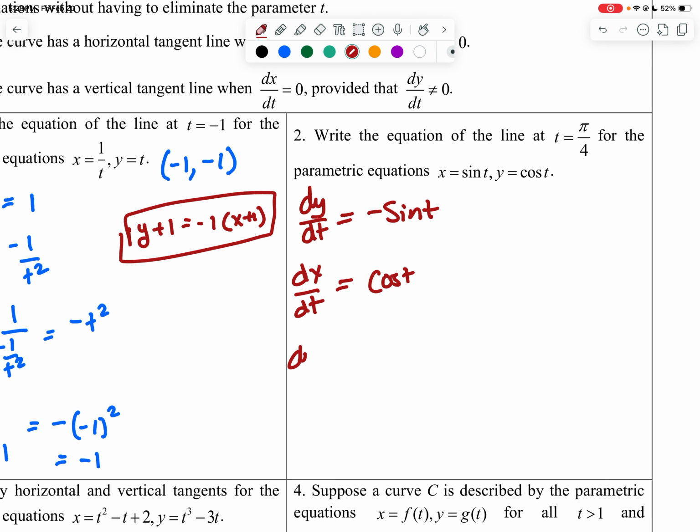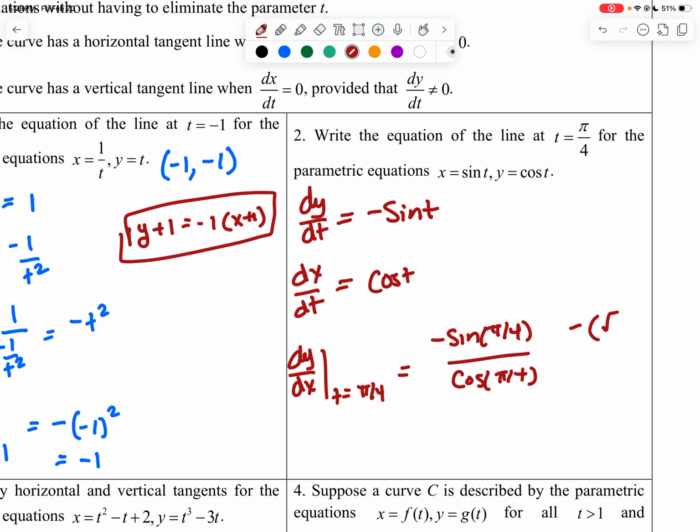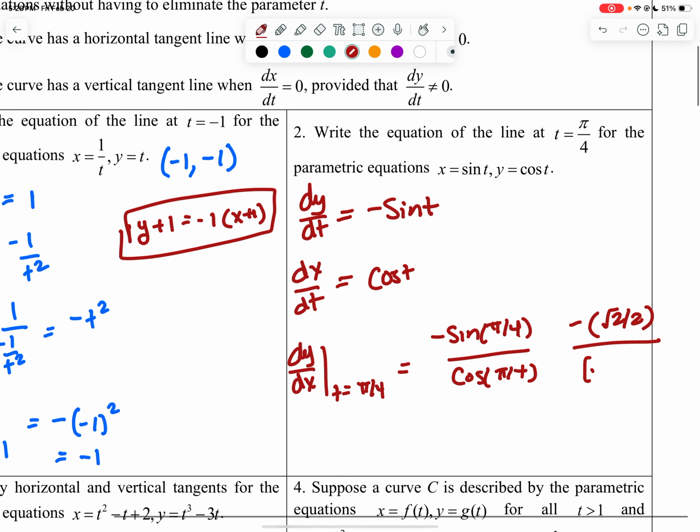Figure out what dy/dx is in terms of t being pi over 4. So that's negative sine pi over 4 over cosine pi over 4. Lucky for us, pi over 4 is root 2 over 2 for both of them, which means that our derivative, our slope, is negative 1.